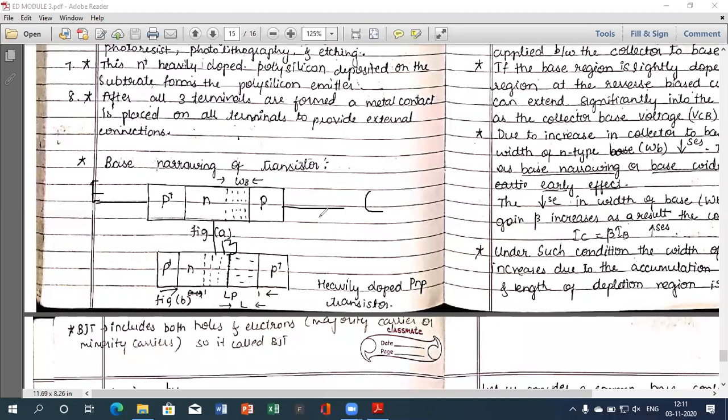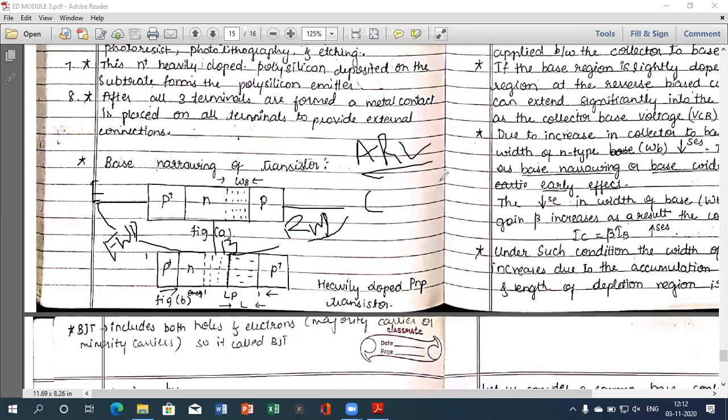If I assume that it operates in the active region, then emitter to base will be forward biased, and collector to base will be reverse biased. This is what happens when we operate this in the active region.